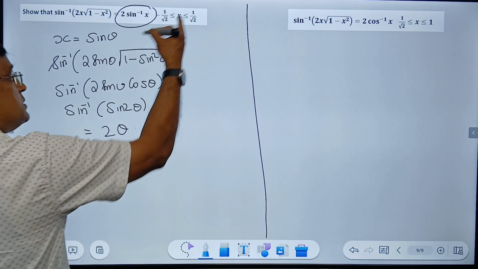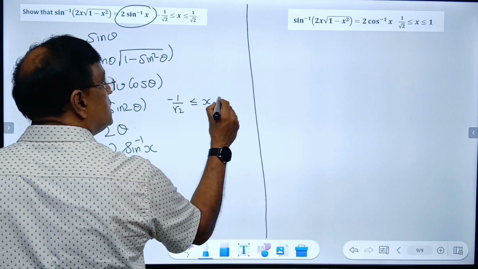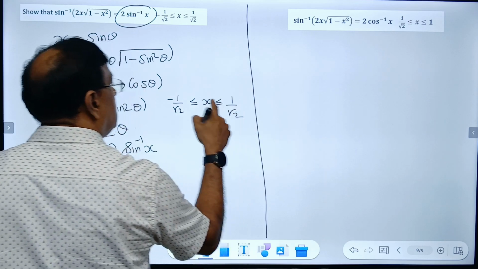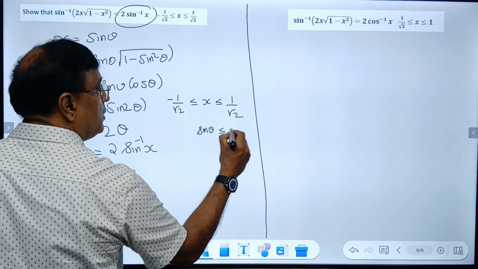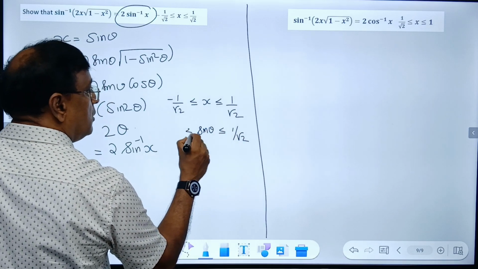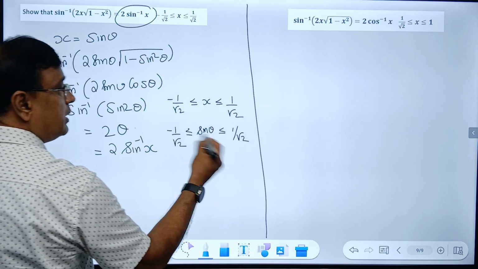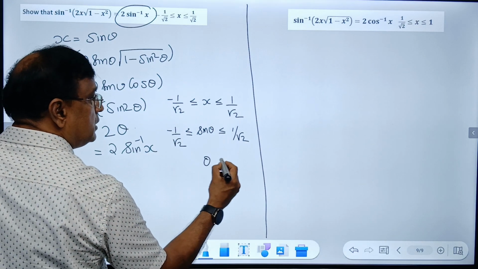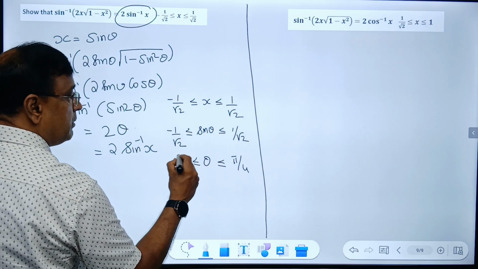Now, if you want to understand all this, it's given minus 1 by root 2 less than or equal to x less than or equal to 1 by root 2. But what is x? X is taken as sine theta. So sine theta is between minus 1 by root 2 and 1 by root 2. So taking sine inverse on both sides, theta lies between minus pi by 4 and pi by 4.